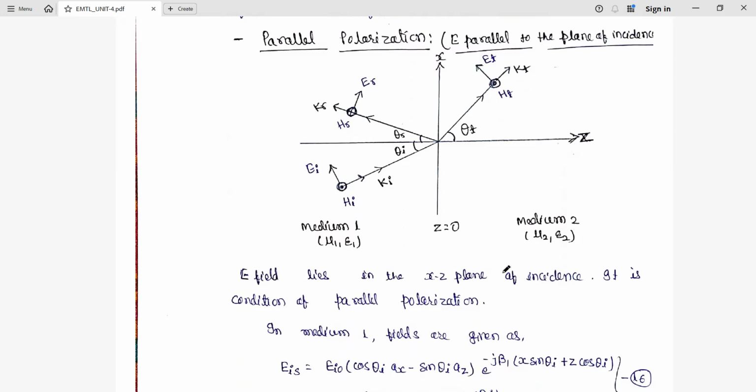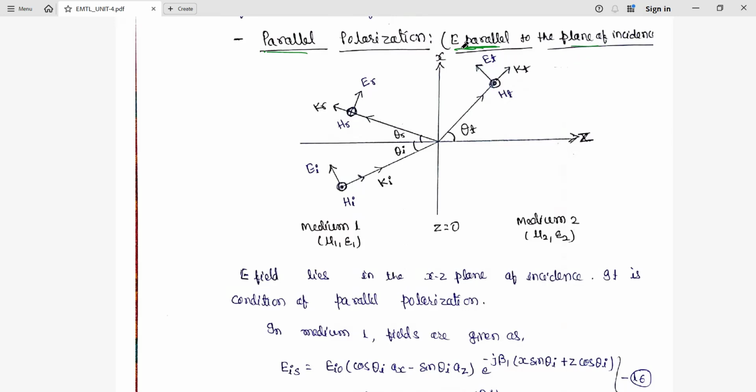Till now, if you have any doubt, you can write in the comments. So when is it said to be parallel polarization? Polarization, we already know, is the orientation of the field. Previously we discussed elliptical, circular, and linear polarization. We say it is a parallel polarized wave if the electric field component is parallel to the plane of incidence.